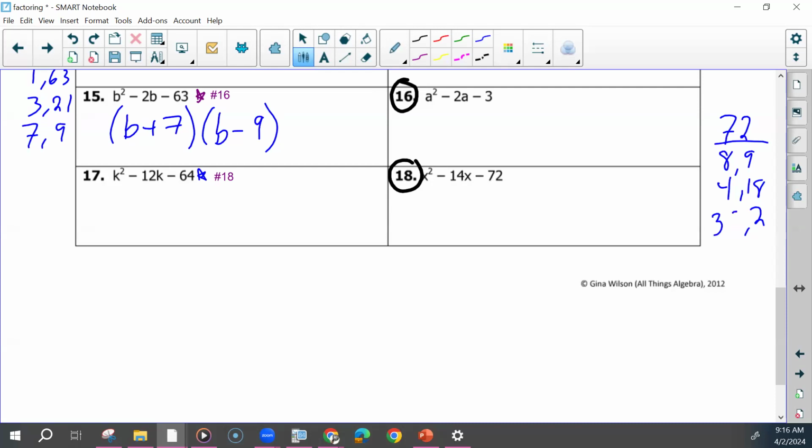$36. Anything else? I'm missing quite a few. I know we have the actual ones, but let's just list all of them. 3 and 24.